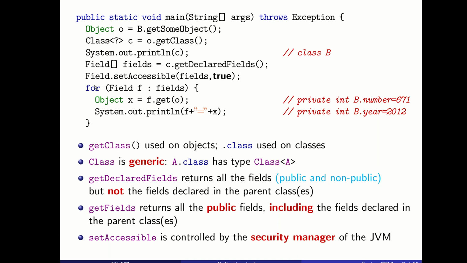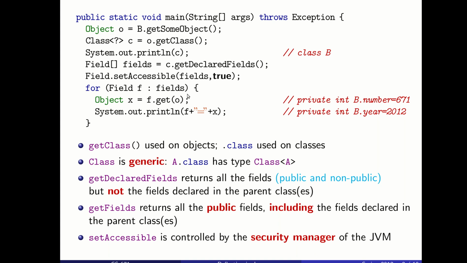And then we will loop over each field in that set of fields, and we will get the value from that field. F.get gets us the value for that field, and then we can print it out. And we're able to print out that there is an int number that's equal to 671 and an int year that's equal to 2012, and so on.